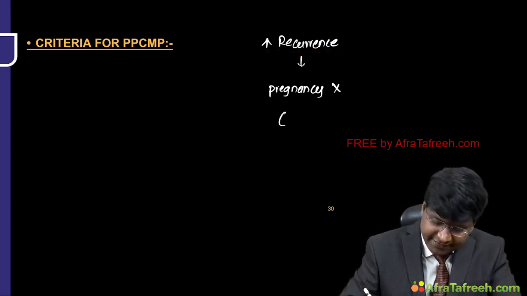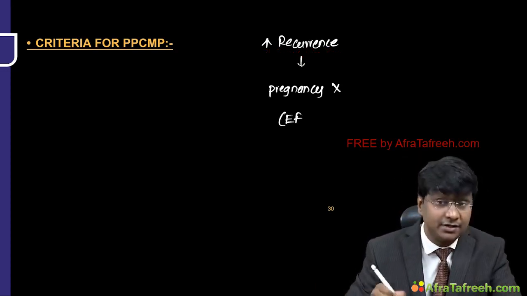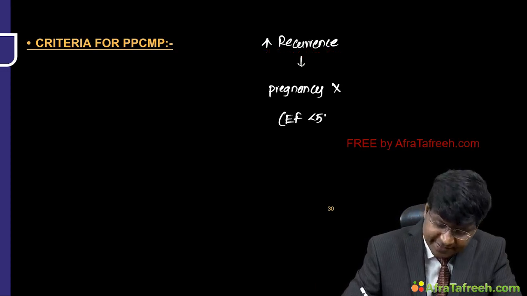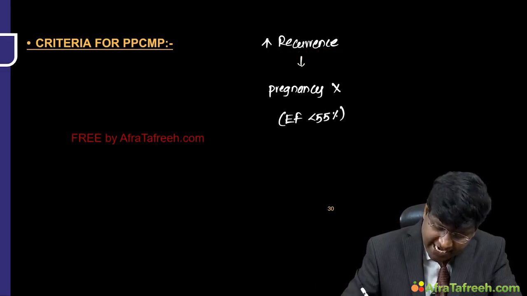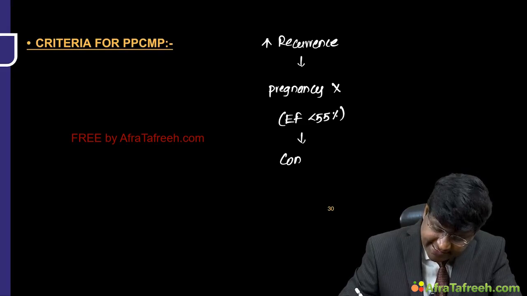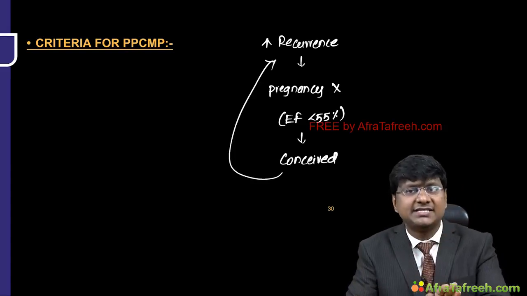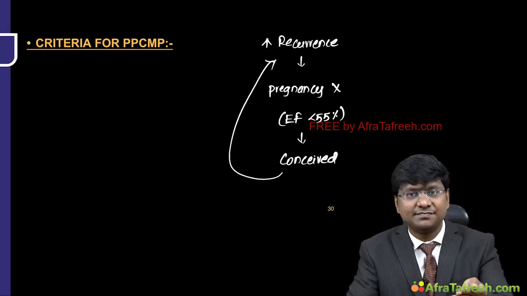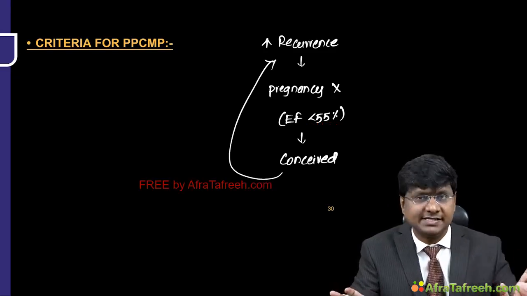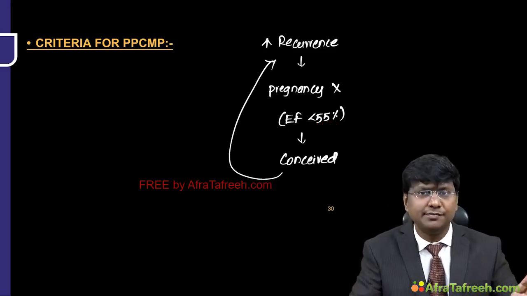If the ejection fraction of the individual is less than 55% and the patient conceives again, there is a high chance of recurrence. So that is the reason why, until the ejection fraction has normalized, the individual should avoid pregnancies. Okay, that is a very, very important point.